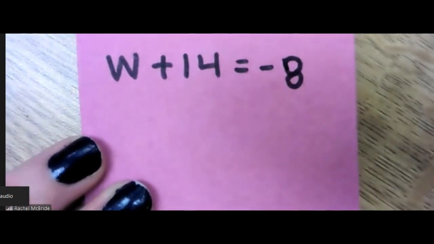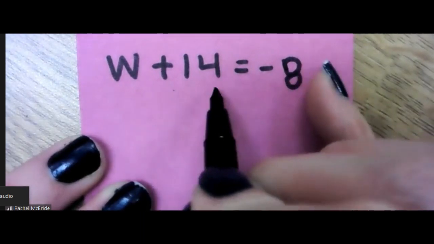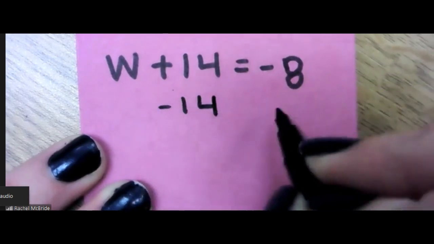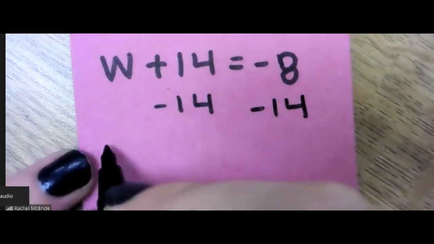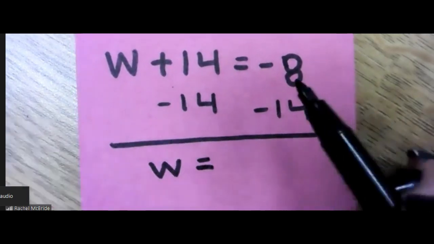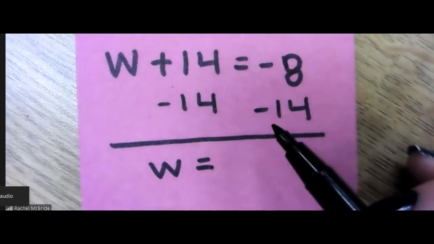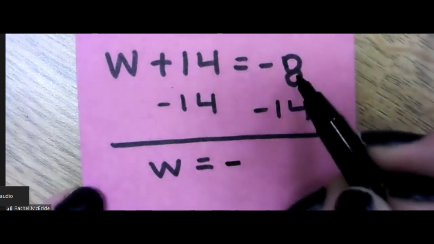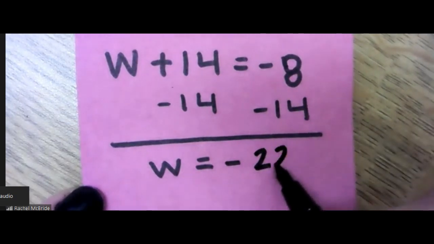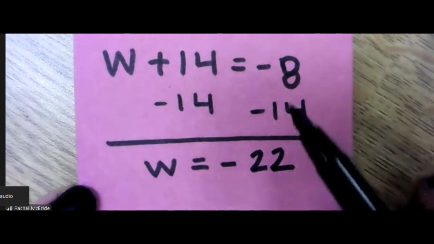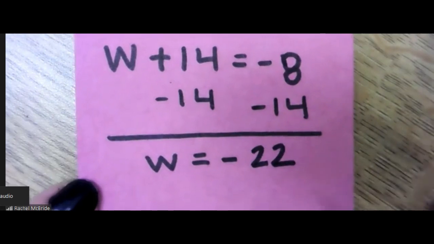So you have w plus 14 equals negative 8. So we have to do the opposite of addition, which is subtraction. So you get w equals, and a negative plus a negative creates a larger negative. 8 and 14 is 22. So again, 2 negatives sum to a bigger negative.